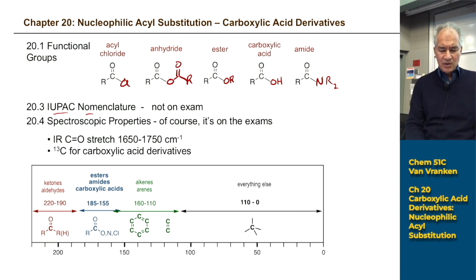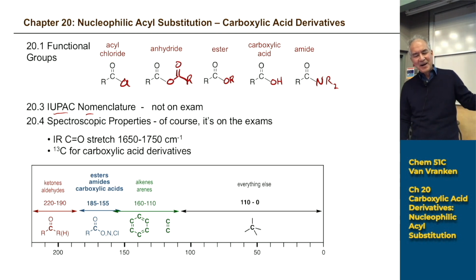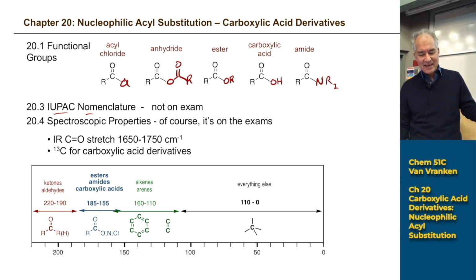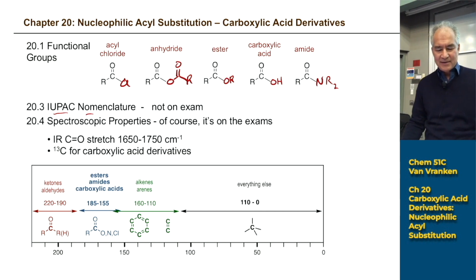Sometimes you'll hear me use the word acid chloride. That used to be very common, decades ago, and for some reason I still make a mistake and call them acid chlorides, but in modern terminology we call these acyl chlorides, so I apologize if I refer to those as acid chlorides. Okay, so past 180 is kind of unusual, but 185 to 155, that's carboxylic acid derivatives.